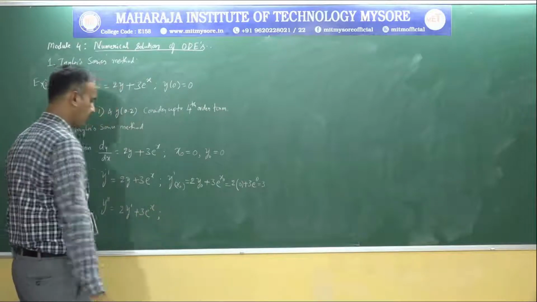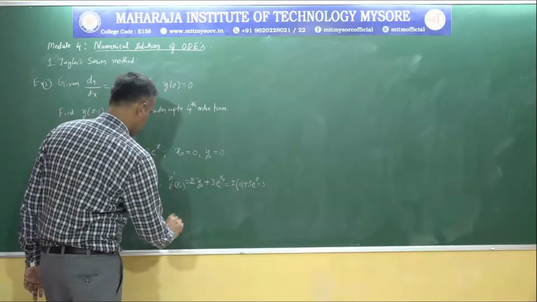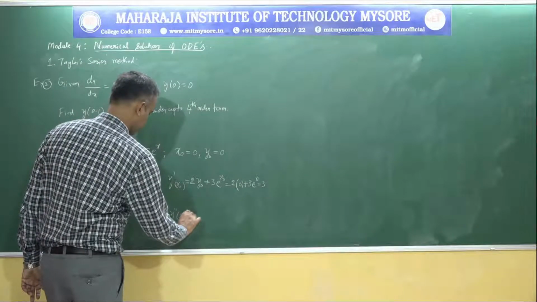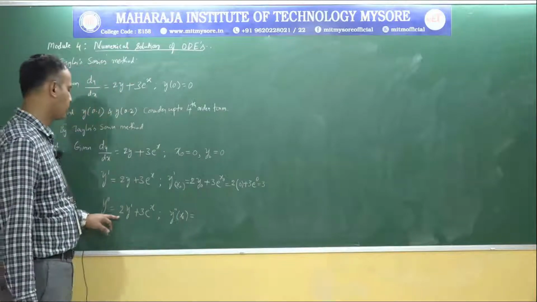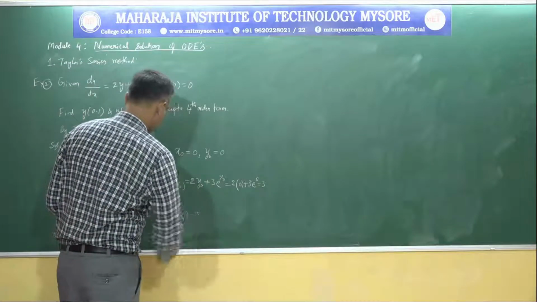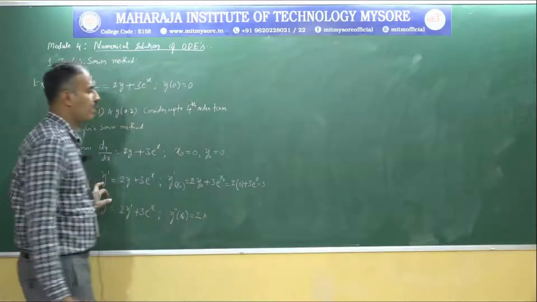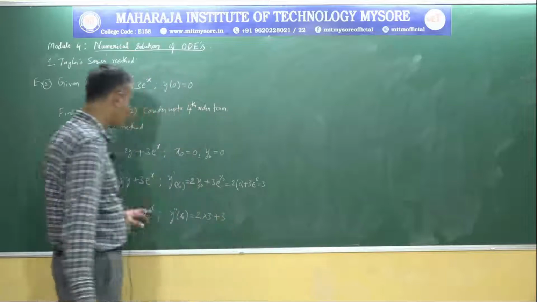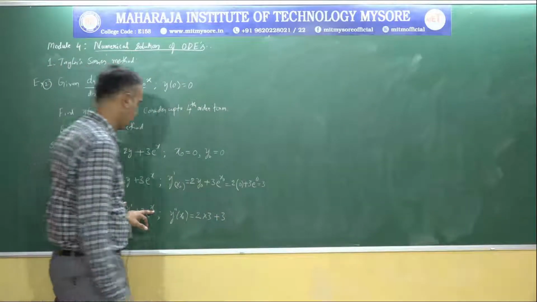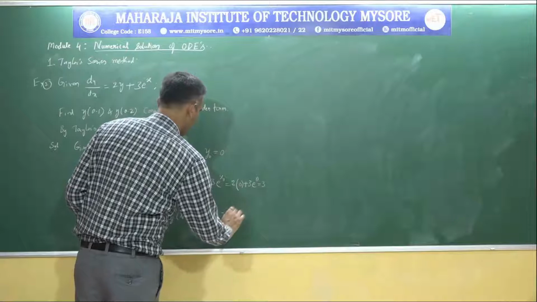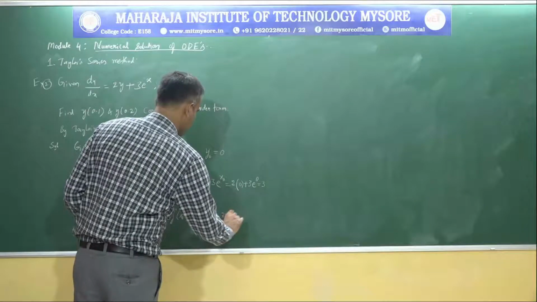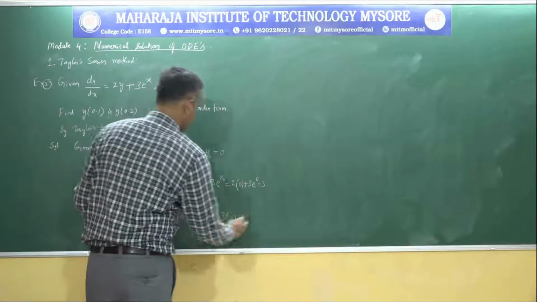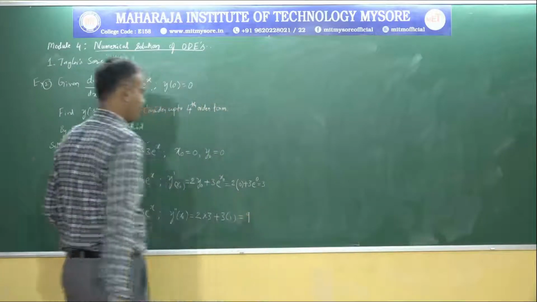Now substitute the initial data values: y double dash of x naught means 2 into the previously available y dash value 3, plus 3 into e power 0, which is 1. So we get the answer 9.